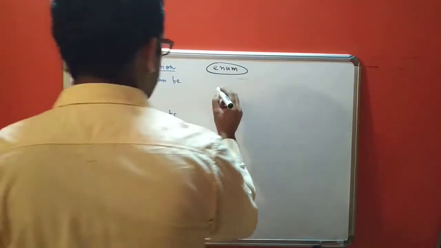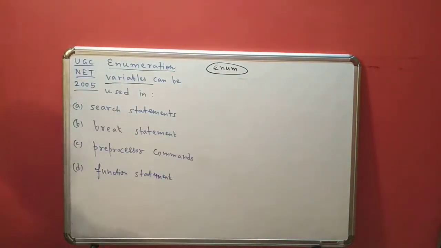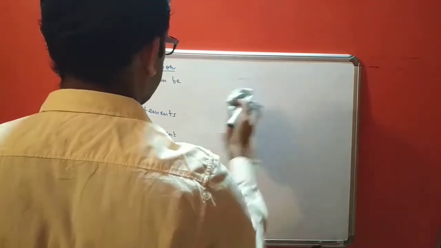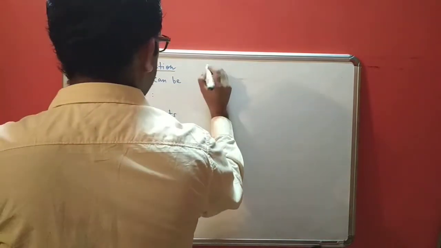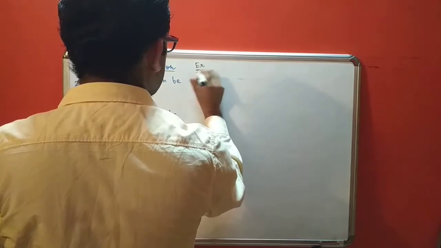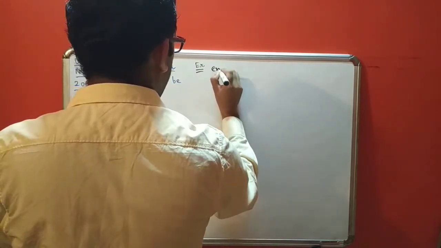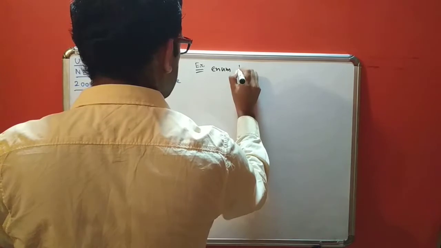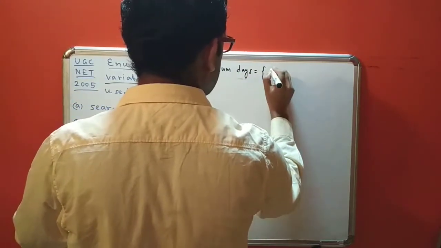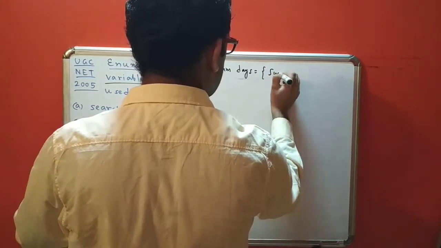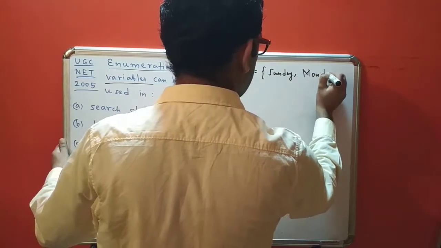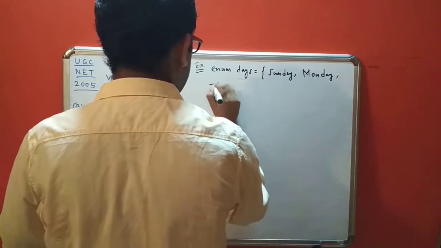Let's say I have something like this. I'll just erase this. So let's take an example of enum. Say I have enum days, and I write Sunday, Monday, so the 7 days of the week, right?